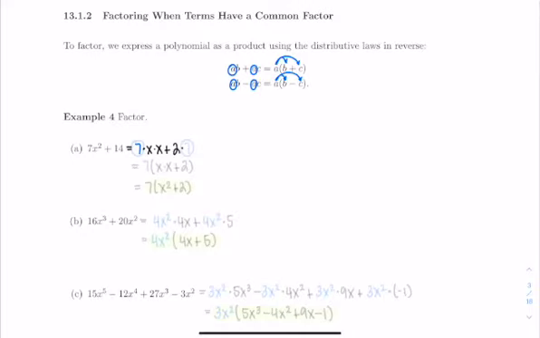You could do the factor trees if you want to, but what these both have in common is the 7. And so we can pull the 7 out front, and then whatever's left over is what stays in: x squared plus 2. This can just be written as 7 times x squared plus 2.